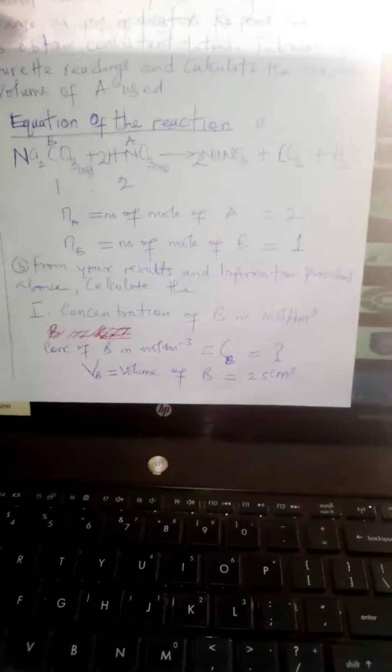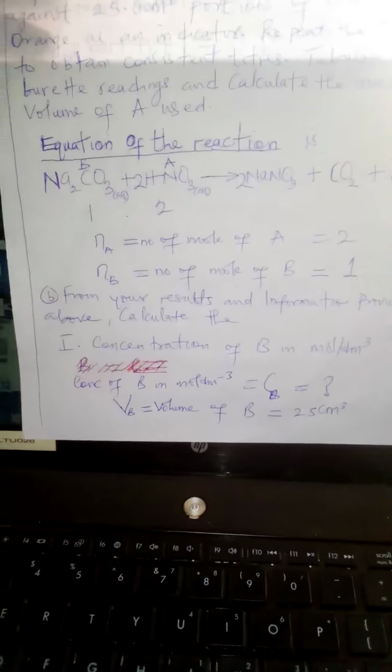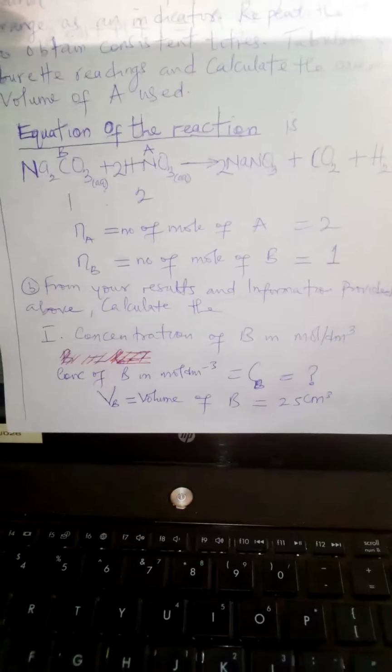You can follow the way I've solved it. So B now, from your results and information provided above, calculate the concentration of B in mole per dm cube, and you can see the way I solved it. So follow it that way.